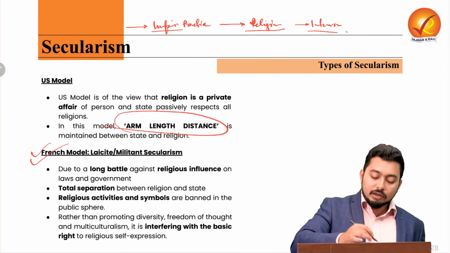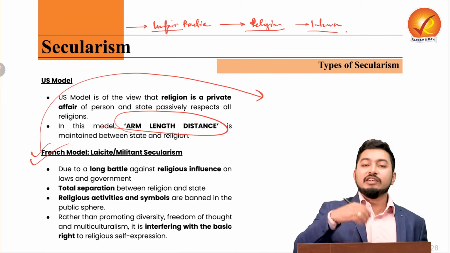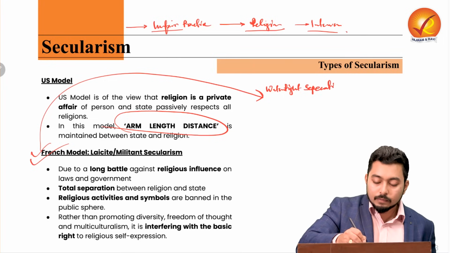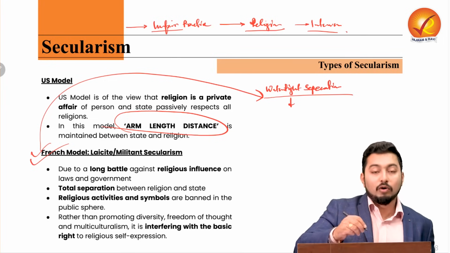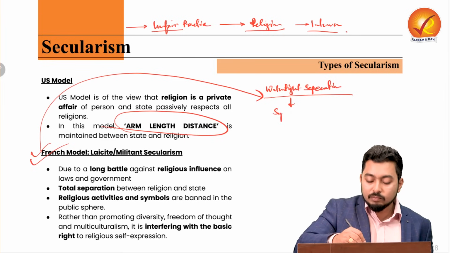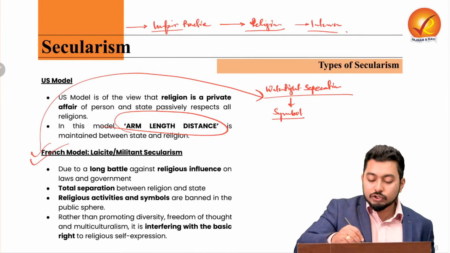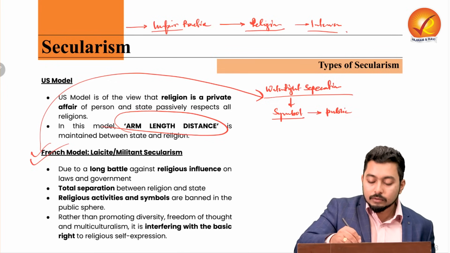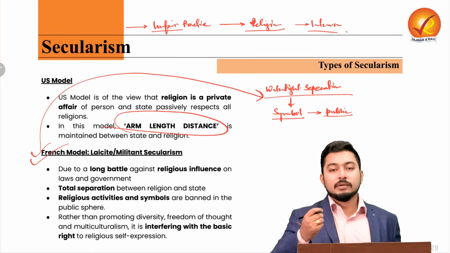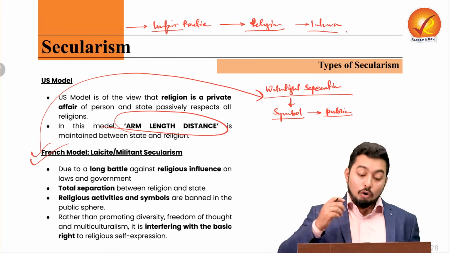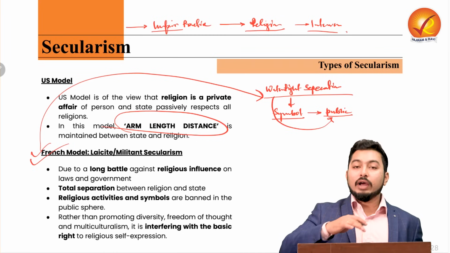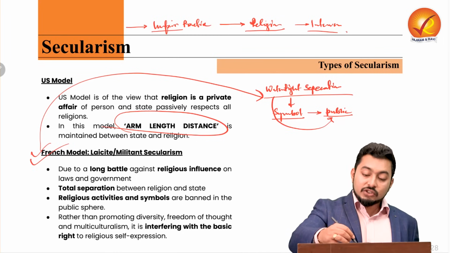What about the French model? So in the French model, it is an extreme form of secularism where there is watertight separation. No symbol which shows your religious identity can be worn in public. So let's say I'm wearing a dhaga or I'm wearing a scarf. All of that becomes a problem if I am displaying my religion in public through any means, right? So this is strict separation.